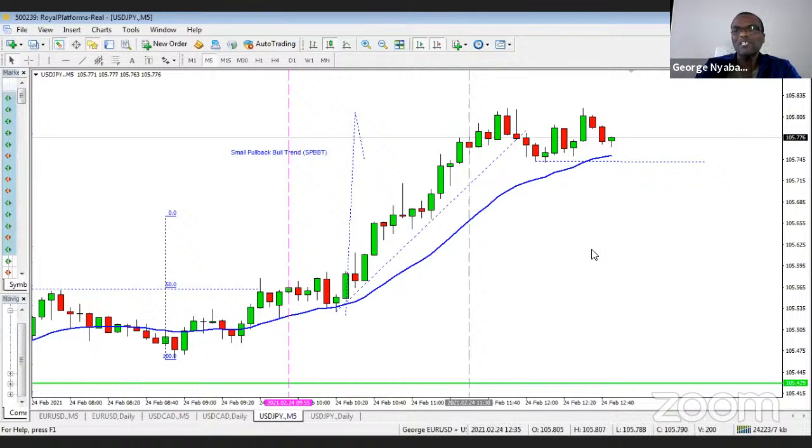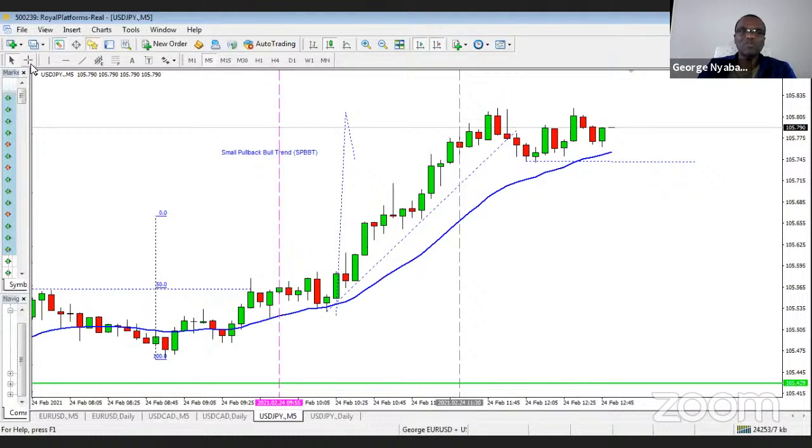Give yourself a 20 pip range, which allows you to put a decent stop, minimum 10 pip or 20 pip stop. And it's really just, by looking at previous price action, you see that a 20 pip trading range is decent enough to allow you to trade with a minimum 10 pip stop.